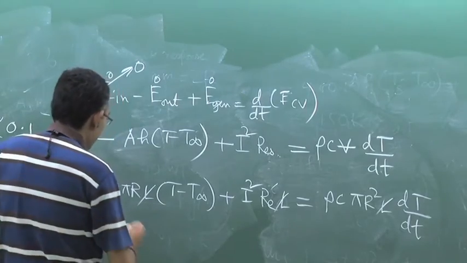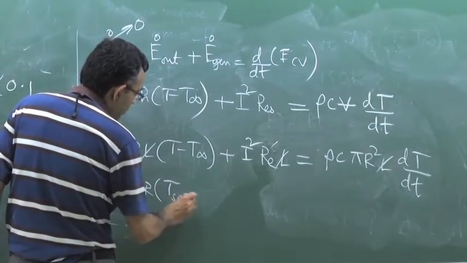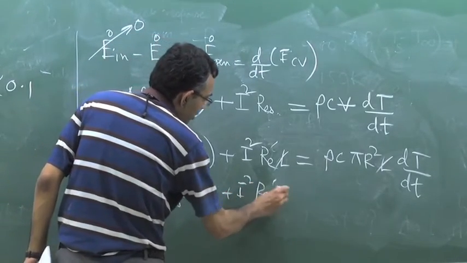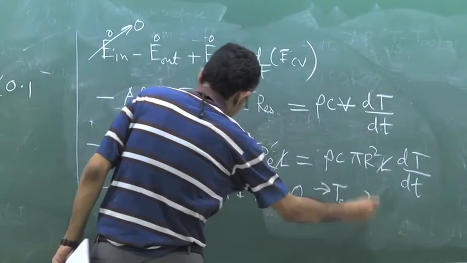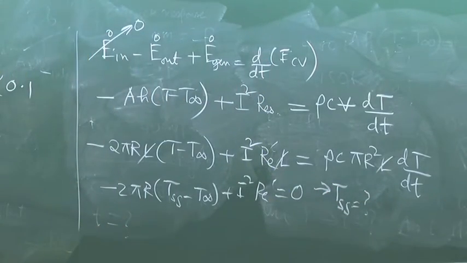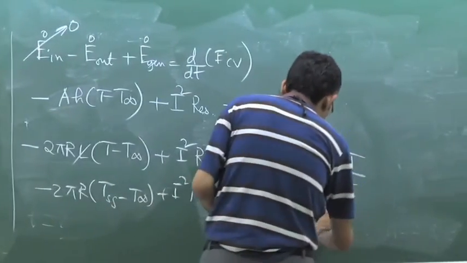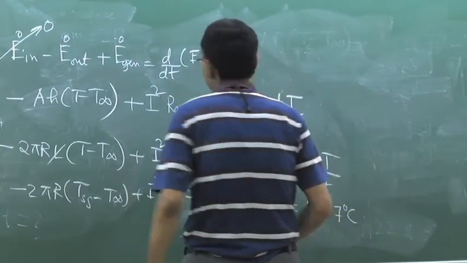So minus 2 pi R h into (T steady state minus T infinity) plus I squared R_e dash equal to 0. This will give you T steady state. If you calculate this, T steady state will be 88.7 degrees centigrade.